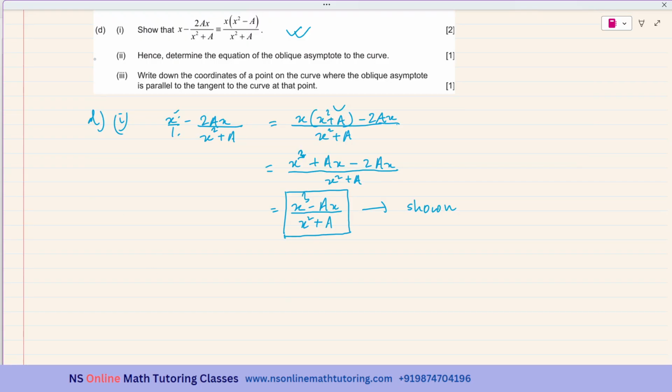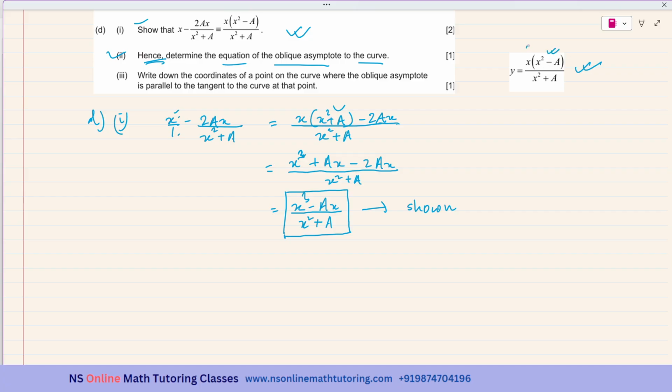Hence, we have to use this. Hence, determine the equation of the oblique asymptote to the curve. What was the curve's expression? Let us see that. This was the curve's expression. And how can you say that there will be an oblique asymptote? We can say that there will be an oblique asymptote because the degree of the numerator is x cube.